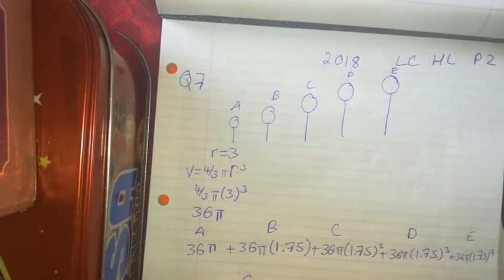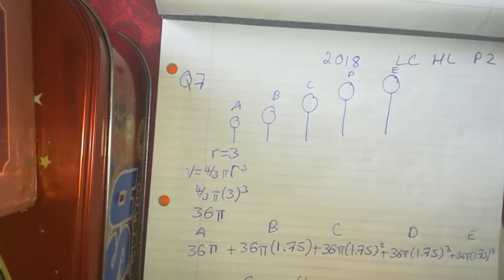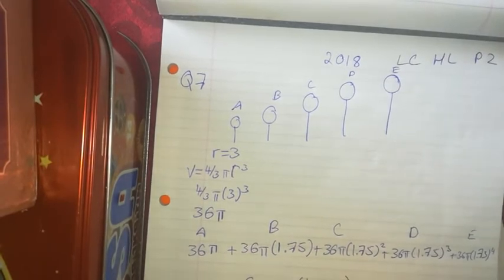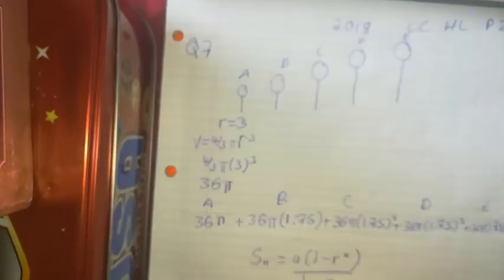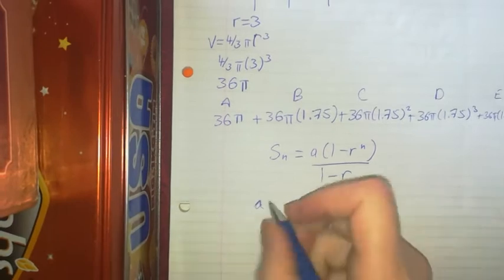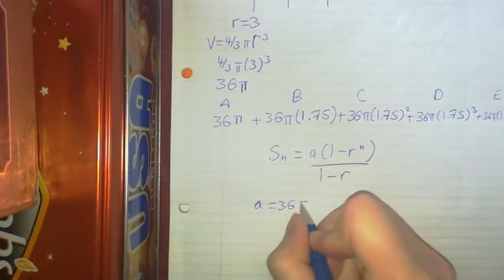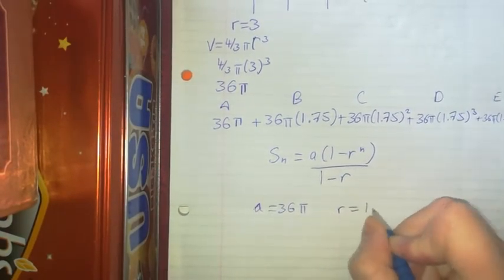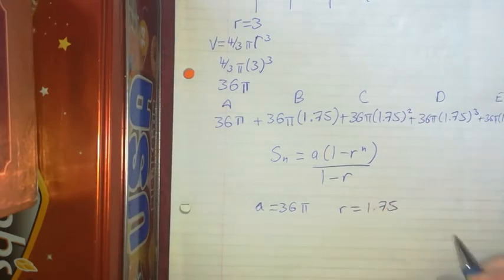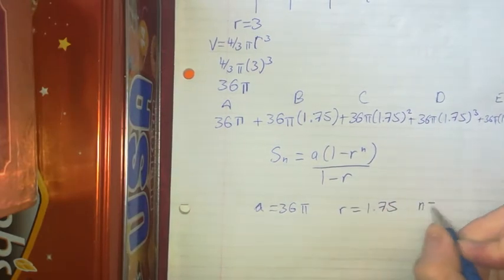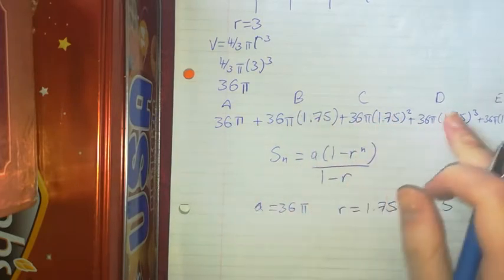So Sn is equal to a(1 minus r to the power of n) over 1 minus r. A is 36 pi, the ratio r is 1.75, and there are 5 terms: 1, 2, 3, 4, 5.